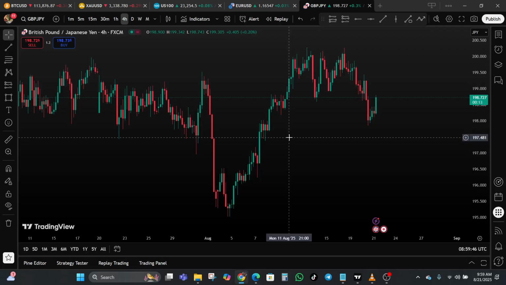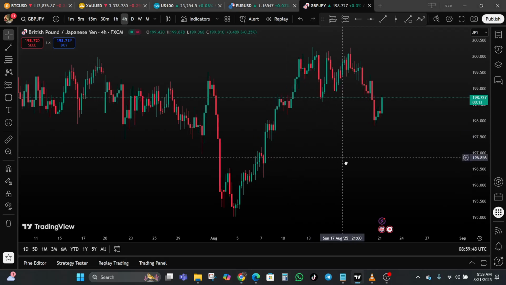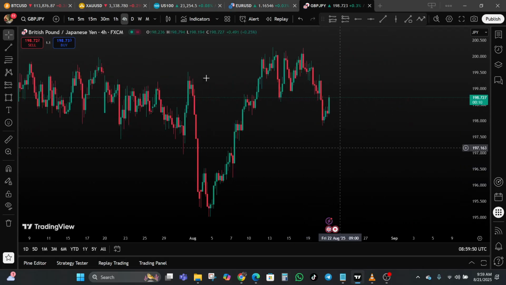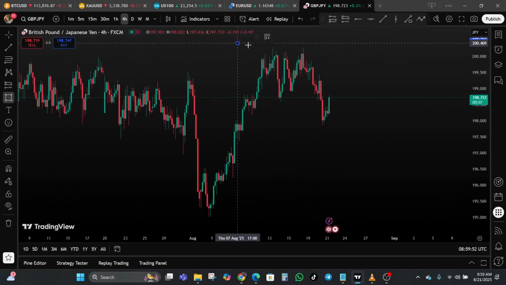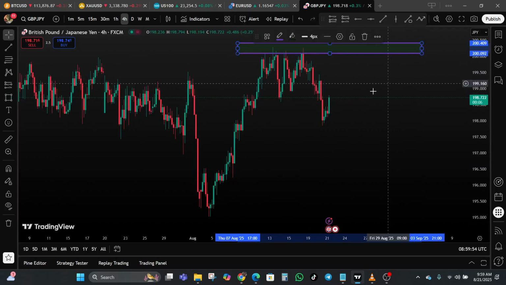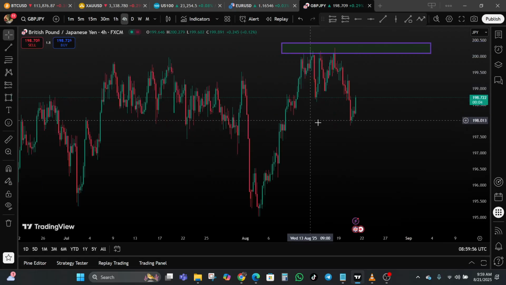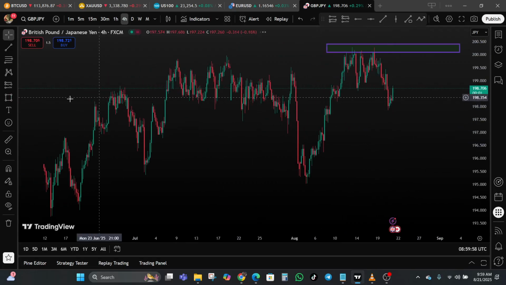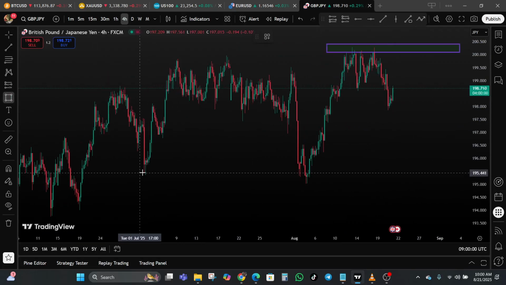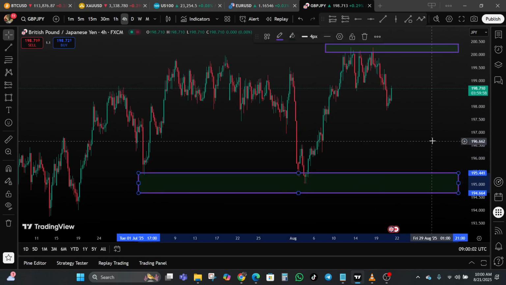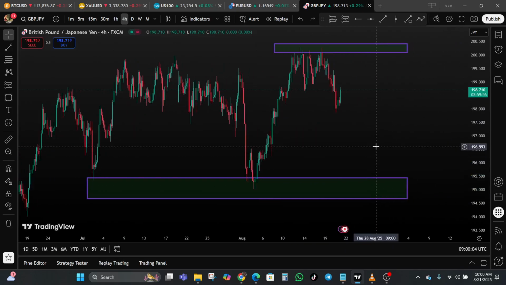For example, you might have liquidity sitting above or below certain highs and lows, combined with a fair value gap, and then supported by a market structure shift. When these conditions come together, we call it the unicorn setup because it is rare and highly valuable.